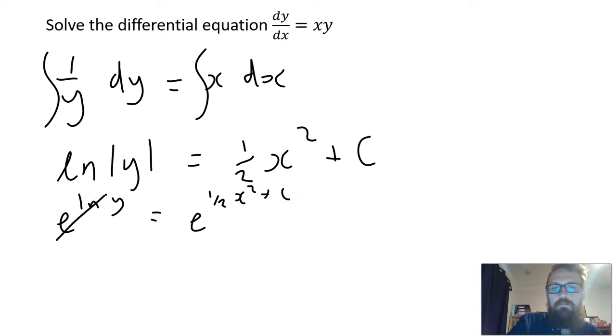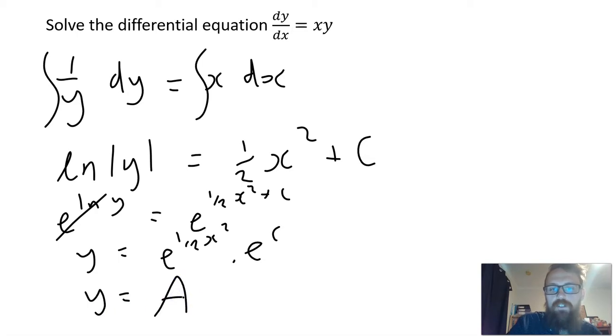These are opposite operations, so they cancel, and we're left with y equals e to the power of half x squared times e to the power of c. C is just a constant, so we can write that as y equals e to the power of c, we can just call that a, it's just another constant, times e to the power of half x squared. All right, and we've solved that differential equation.